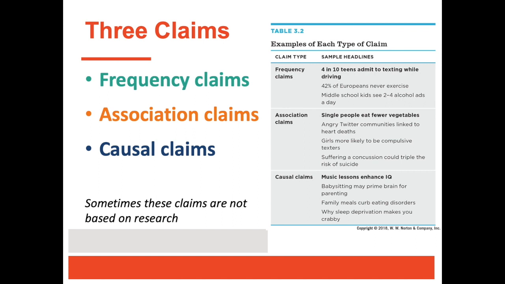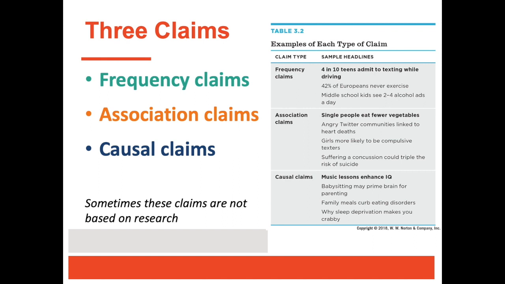Causal claims are where one causes a change in the other. It doesn't mean it's the only thing that causes that thing, but it means it is a cause of it. So music lessons enhance IQ. So music doesn't totally cause IQ. IQ happens with or without music, but it could, according to this claim, it impacts IQ.